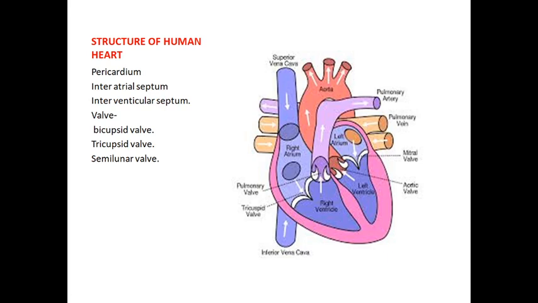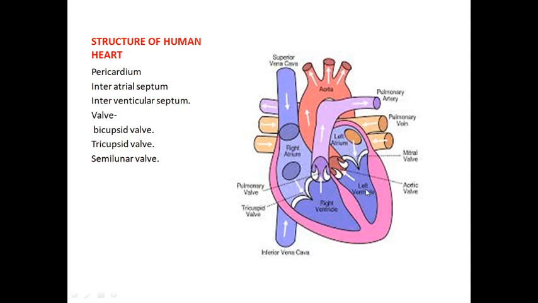The next topic is the valves. There are three types of valves: bicuspid valve, tricuspid valve, and semilunar valves. The bicuspid valve is present between the left atrium and left ventricle.